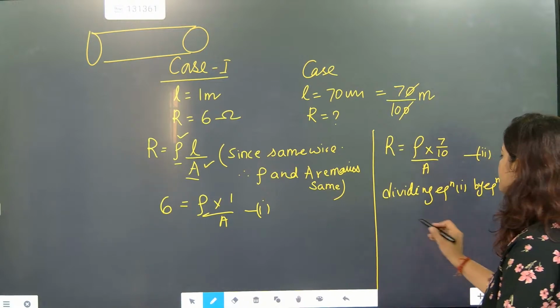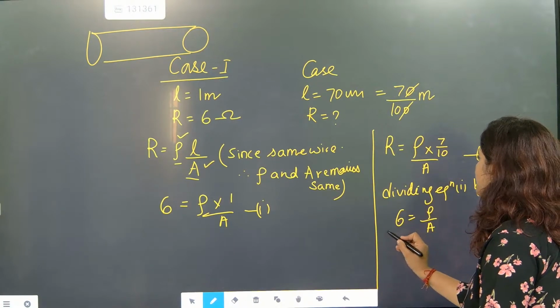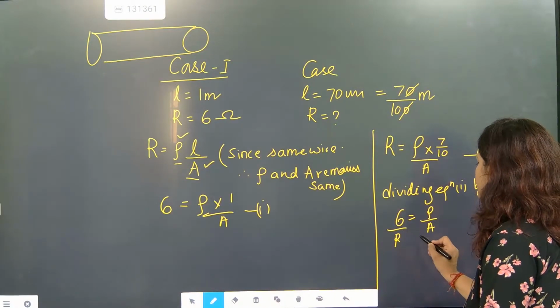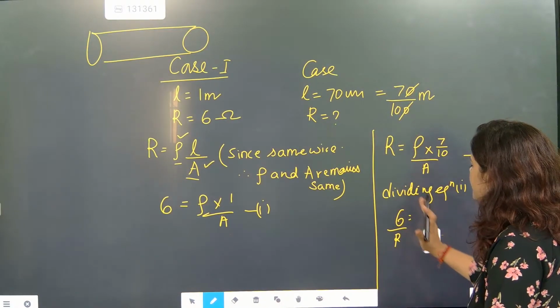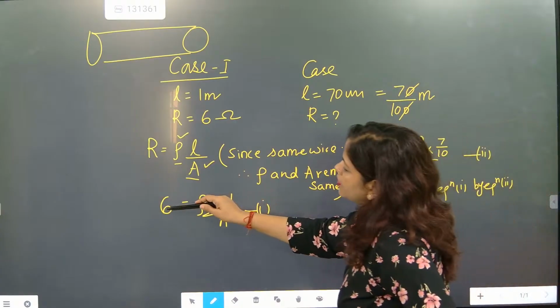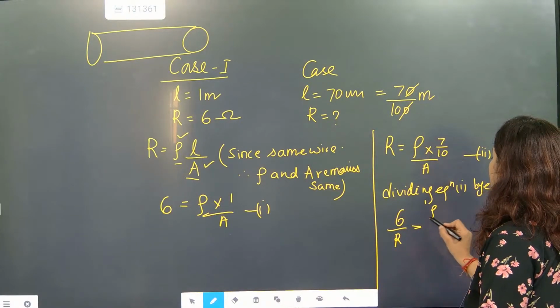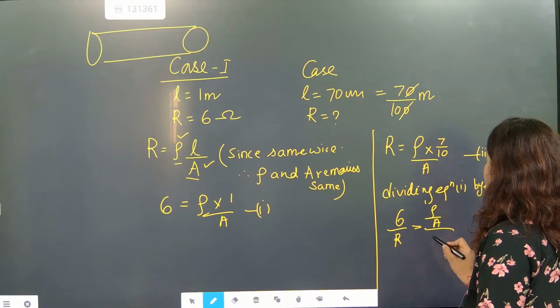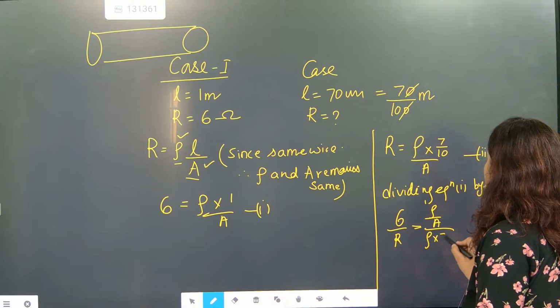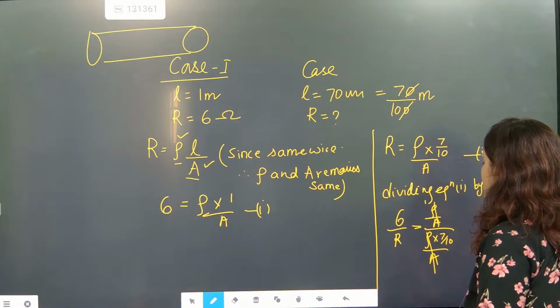Dividing equation 1 by equation 2, what will come? 6 is equal to rho by A, and here R is written. Now the denominator part: 6 by R, dividing equation 1 by 2. So 6 by R, and here how much is it? Rho by A, and here rho into 7 by 10 by A. So rho by A got cancelled.